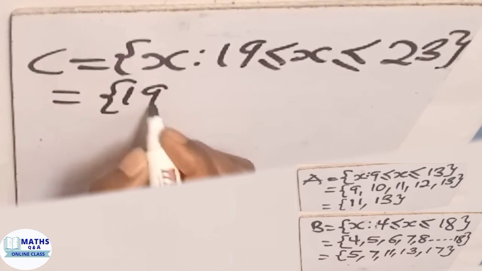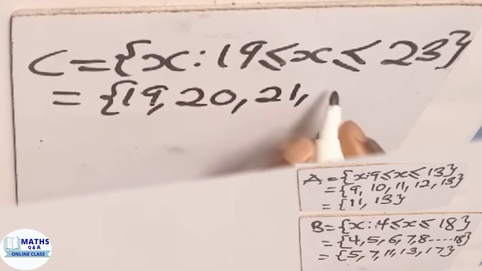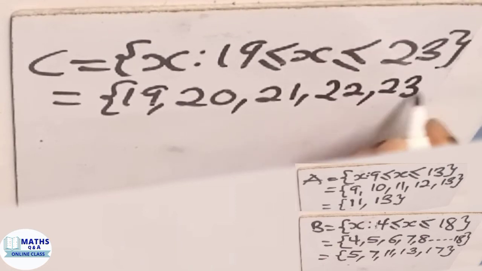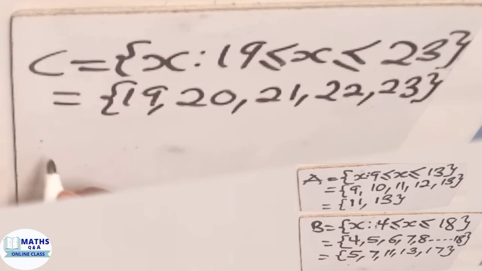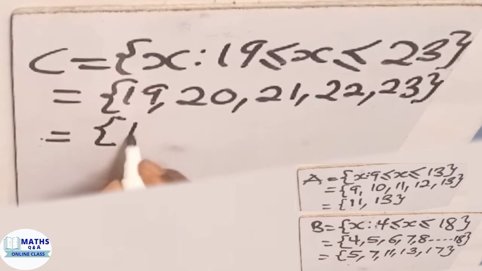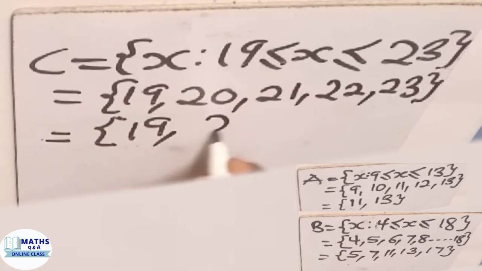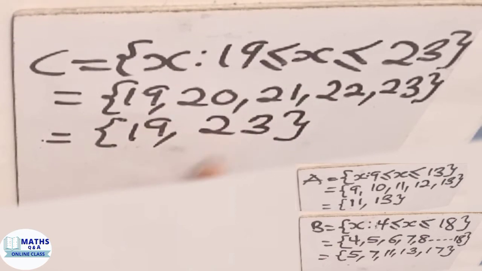We have 19, 20, 21, 22, 23. Now, out of these, which of them are prime numbers? 19. 20 is not a prime number. 21 is not. 22 is not. But 23 is a prime number. So we have 19 and 23, and those are the prime numbers in this set.